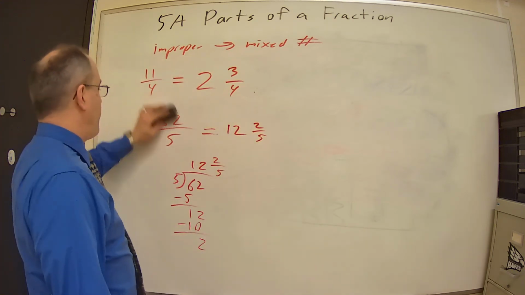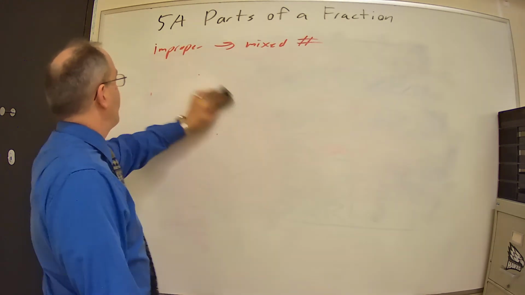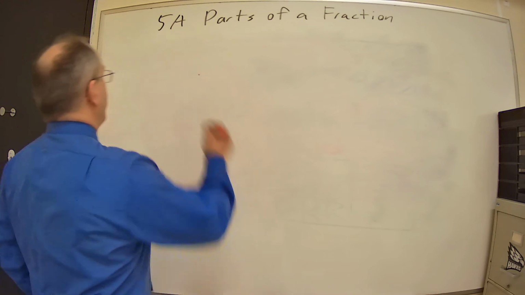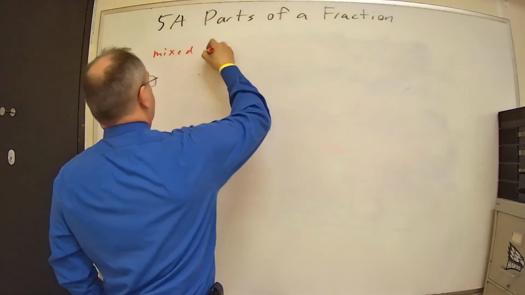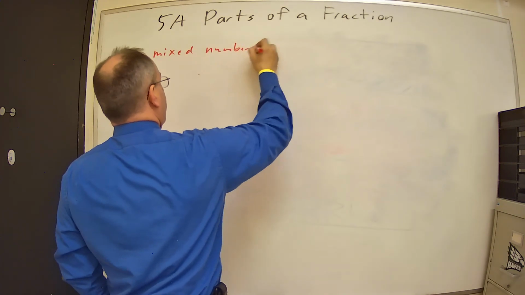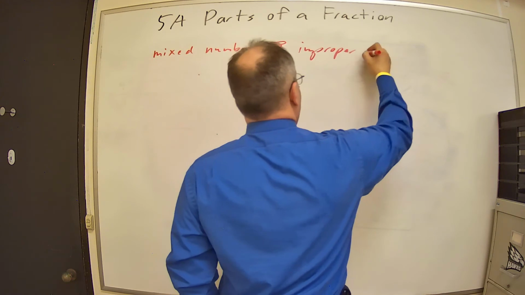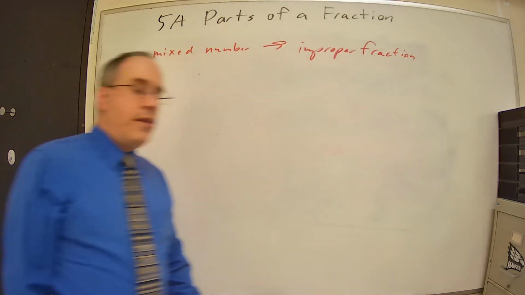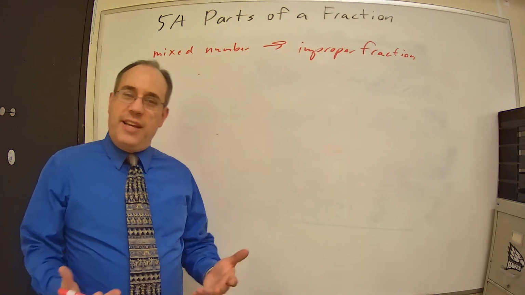So that's converting from an improper fraction to a mixed number. Well, what if we start with a mixed number and we want to go to an improper fraction? Well, this is actually the reverse of that process, and it's actually easier.